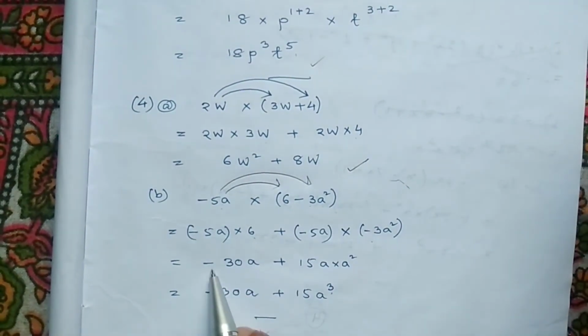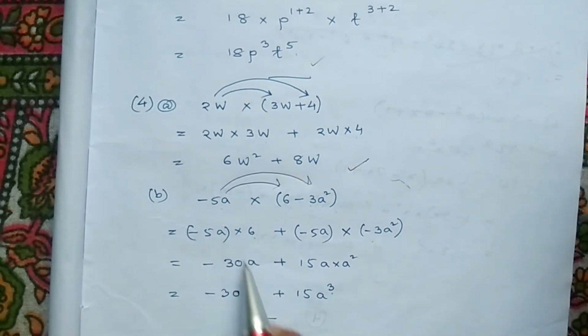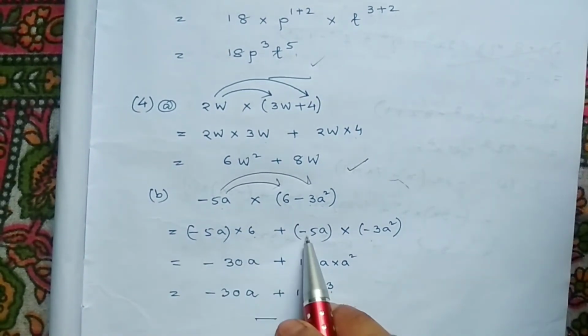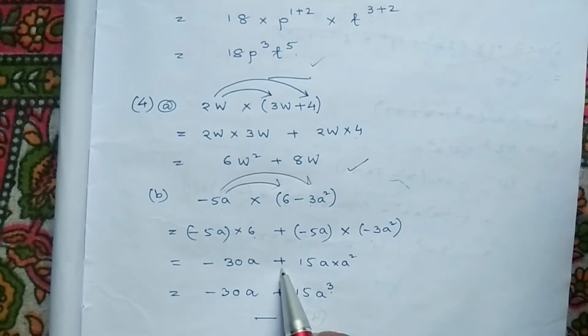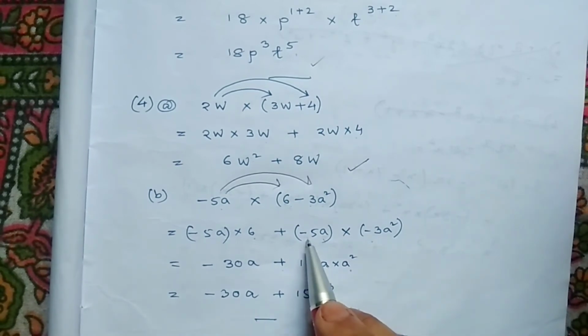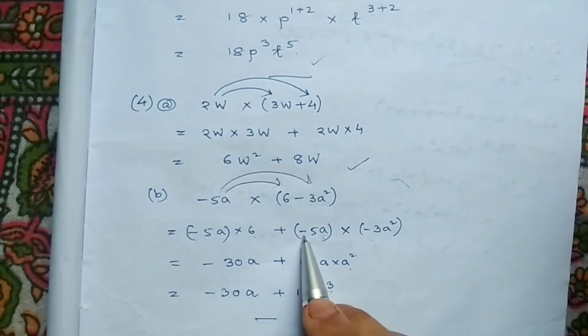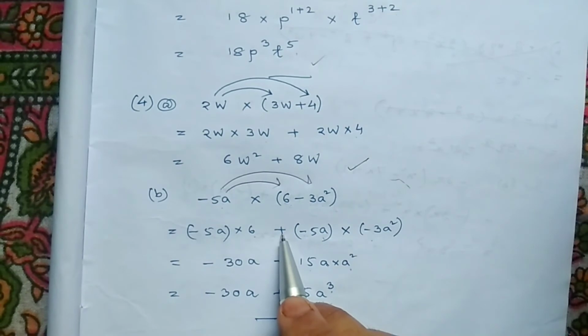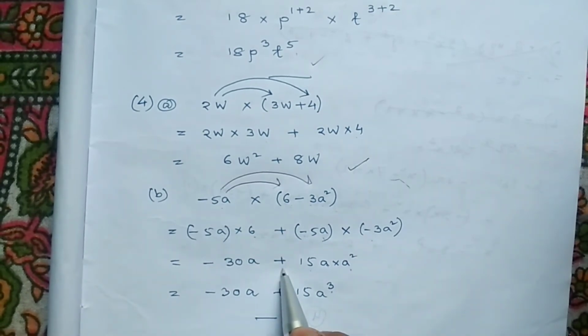Plus minus minus, 5 6s are 30a; minus minus plus, plus into plus, plus 3 5s are 15, a into a square. Remember, minus minus plus in case of multiplication, and that plus will be multiplied by plus, you are going to get plus.